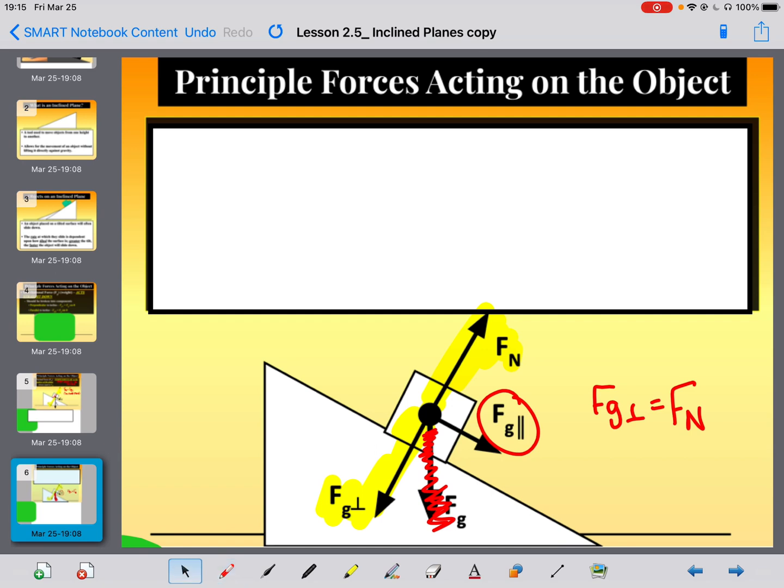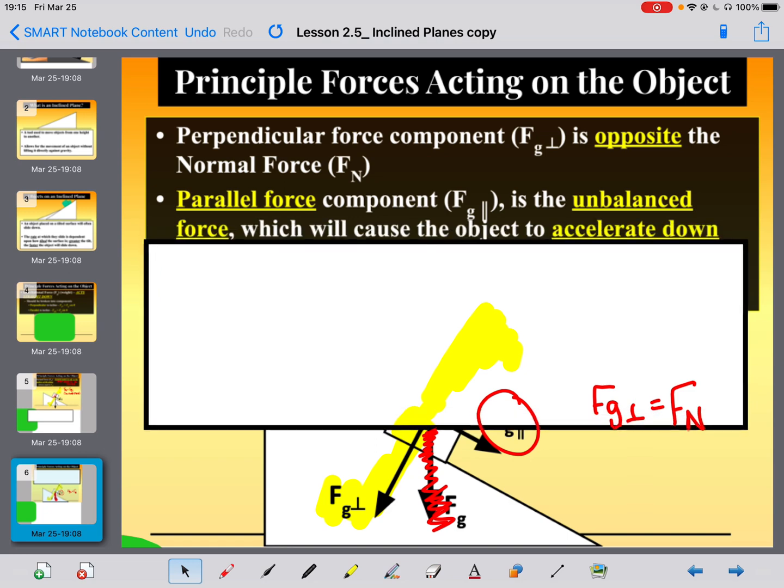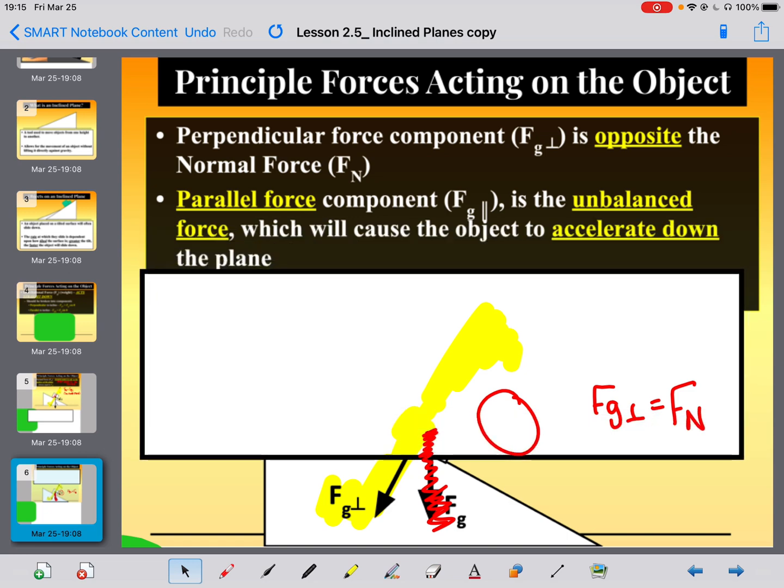Because of that, when there is no friction, the parallel force component represents the unbalanced force. Just like we know from Newton's second law, if I have an unbalanced force, there is automatically an acceleration happening. Because the force of gravity parallel pulls down this inclined plane, or the slope, the unbalanced force is happening down the incline, and therefore the acceleration is also happening in that direction.